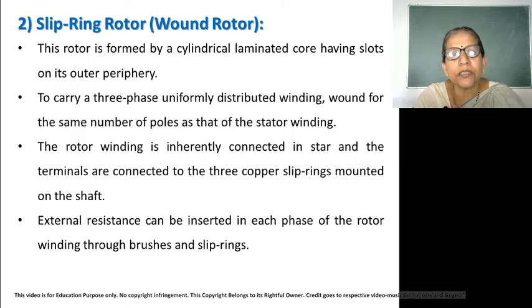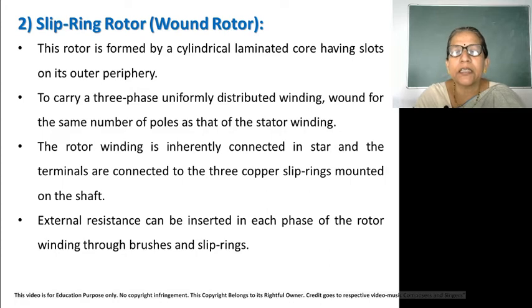Squirrel cage rotor is a short circuited rotor. No external element can be inserted or connected to the rotor of the squirrel cage motor. But for the slip ring induction motor, the three windings are not short circuited; their terminals are brought out and connected to the three slip rings. On the three slip rings, three brushes are mounted.